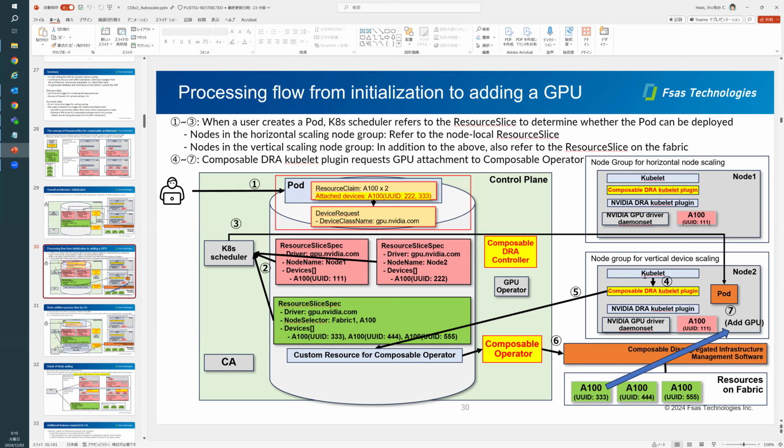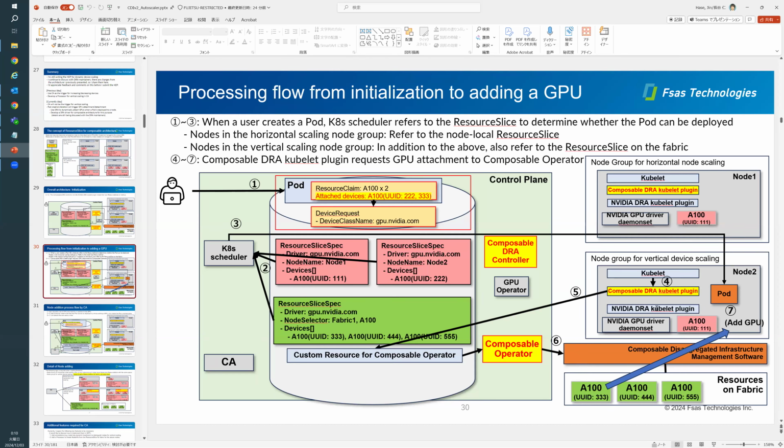in the conventional process, kubelet triggers the NVIDIA kubelet plugin for the attached GPU. But in composable architecture, kubelet requests the GPU attachment from the composable DRA kubelet plugin, and then this kubelet plugin attaches the GPU from the fabric by using the composable operator.